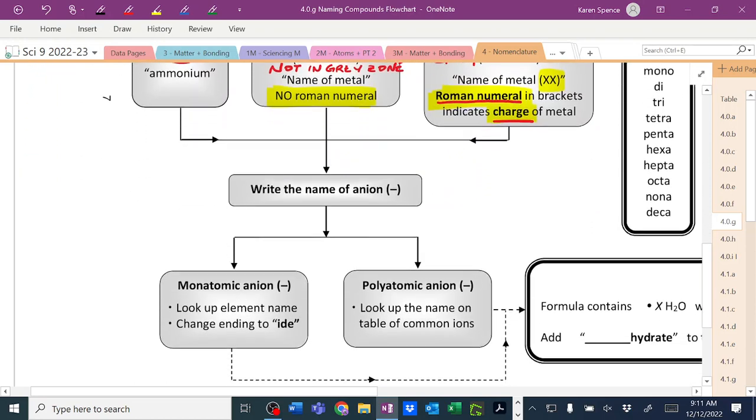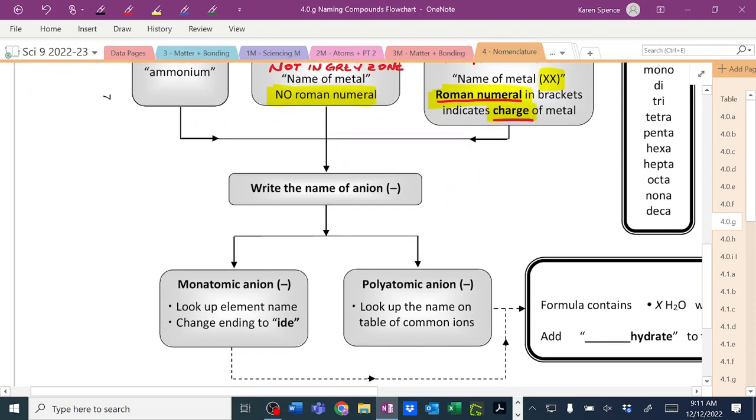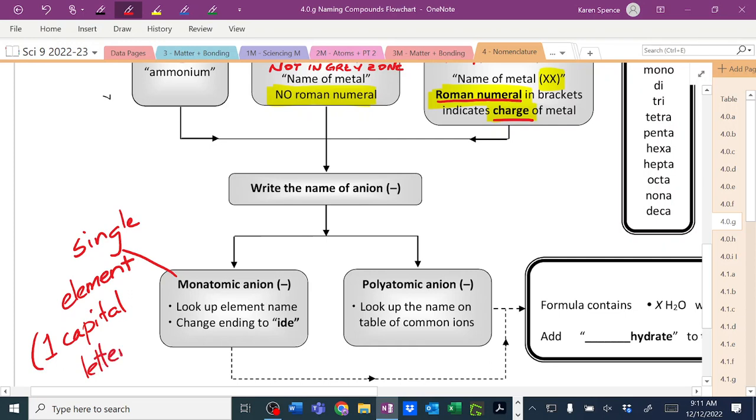Then you're going to write the name of the anion. If it's monatomic, that means a single element, one capital letter. Then you're going to look up the element name, like if you just had Fe3O2, you would look up the O and say ox... what?